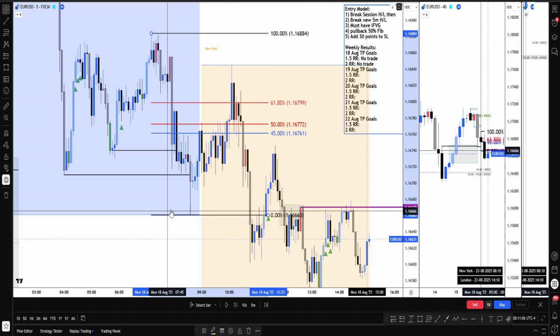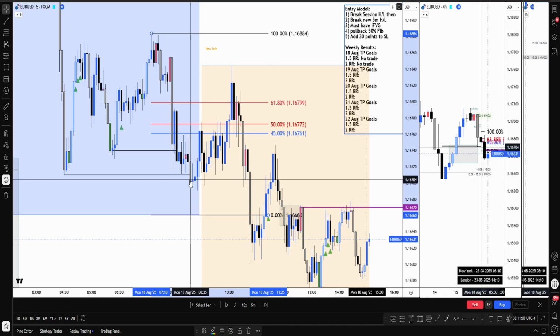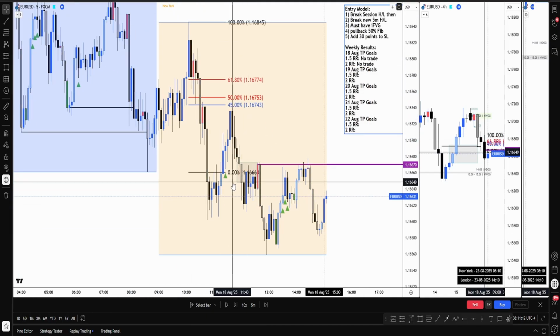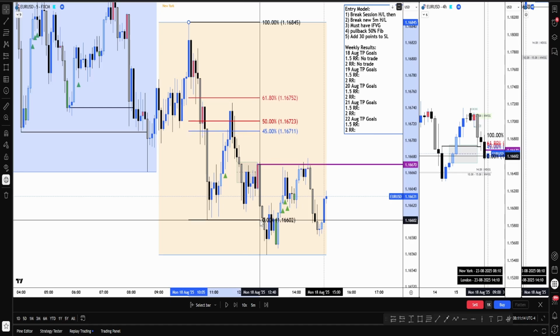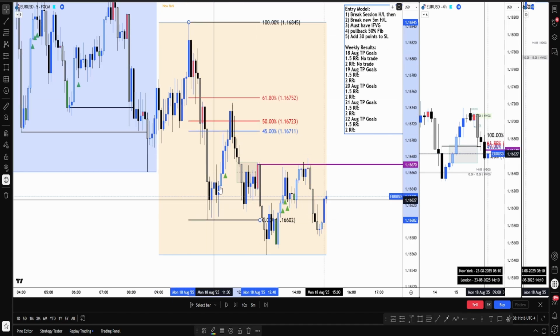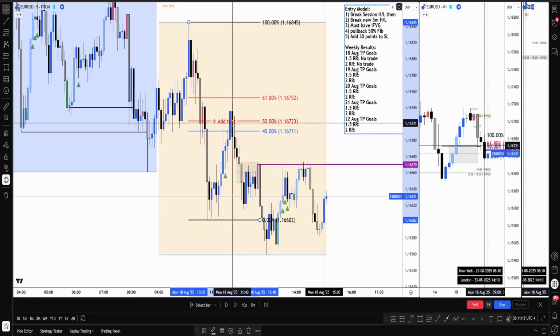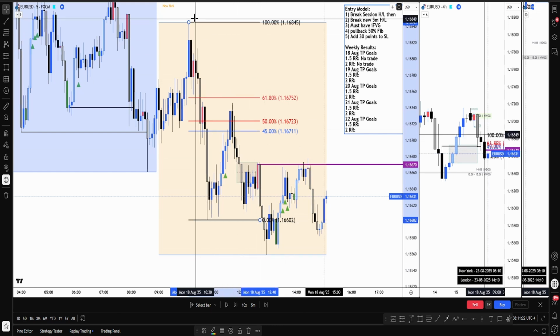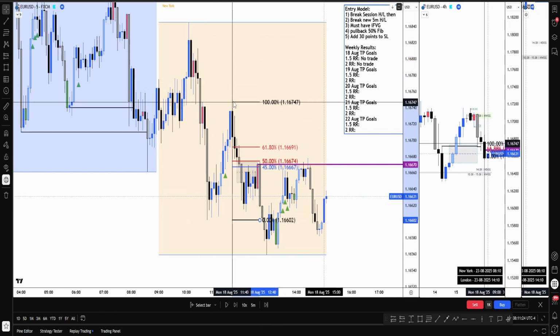We went down, close below that level. Now we have a new level that we can work off with. What did price do? Went up, tested the 50% fib level, went down. We move on because the new low was created.